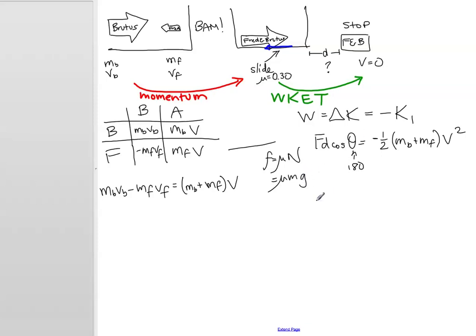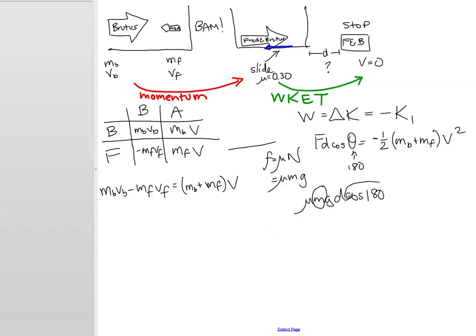I put that all together and I find out that mu m g d cosine 180 is our work, and the m in this situation is going to be the mass of what that friction's acting on, which is Fred and Brutus.